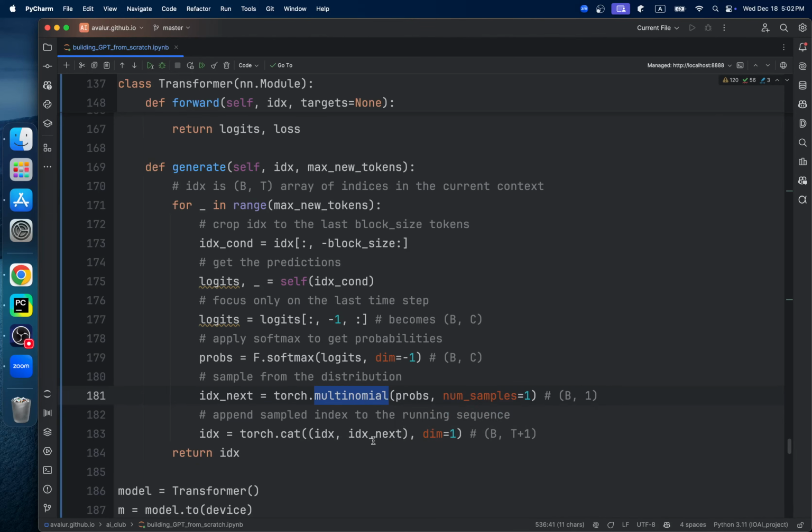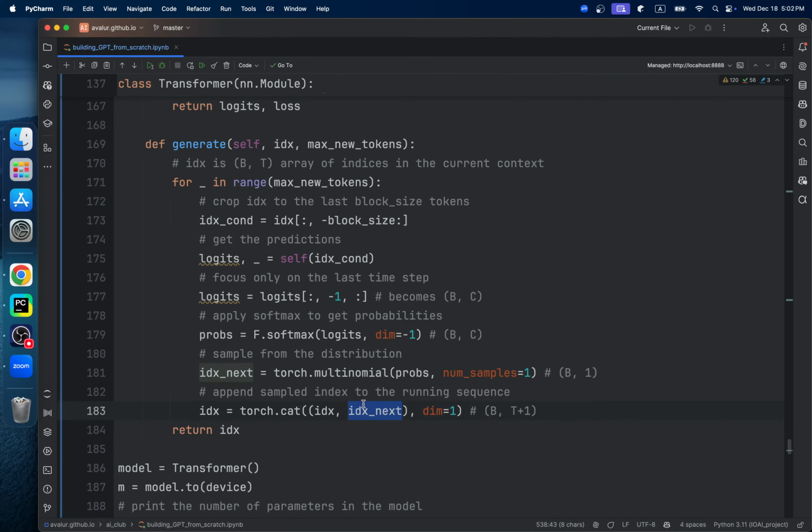Then we concatenate the next token to all the previous ones, and then we repeat the steps. So we move the window and predict the next token, and so on.